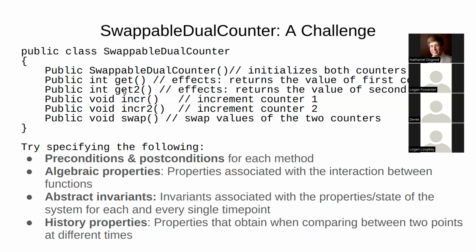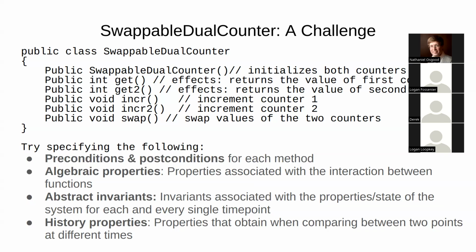We do gets on them. We do get 2s on them. If we do increments, we do increment 2s. Even if we do swap, would it make them undefined? No. So we actually don't have a constraint on swap to do its job. Whatever the values are of those counters, it can swap them. So preconditions here are none.